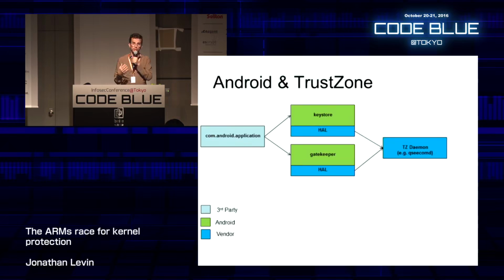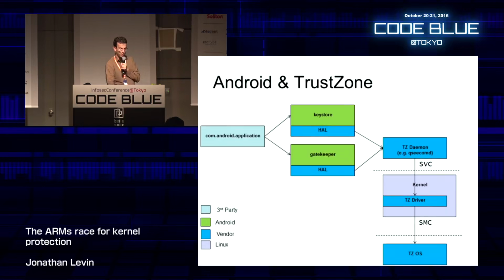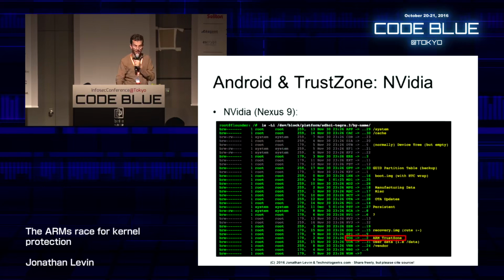In the case of Qualcomm, if you have an Android device, do ps -ef or just ps alone, you'll see that there's a QSEECOMD, Qualcomm Secure Execution Component. And that calls the kernel, but not really the kernel so much as some type of driver in the kernel, which will in turn do the SMC and go to the TZOS, and hopefully the whole thing will flow back, and basically everybody's happy.